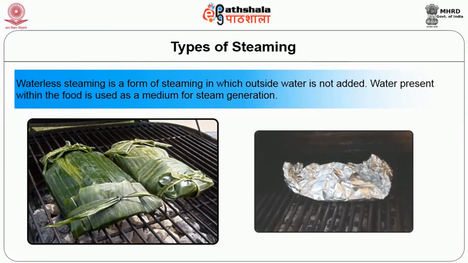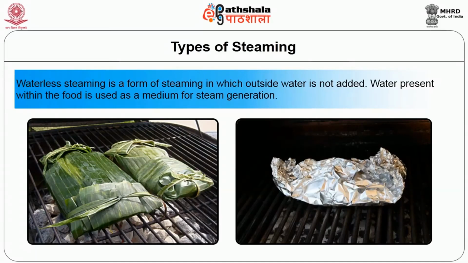When food is wrapped in aluminum foil, banana leaf or papaya leaf and cooked, it is waterless steaming. It has an added advantage of sealing flavor inside the food and blockage of any external flavor to come inside the food.